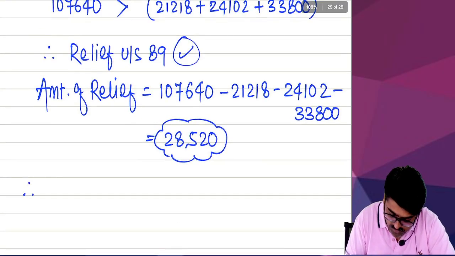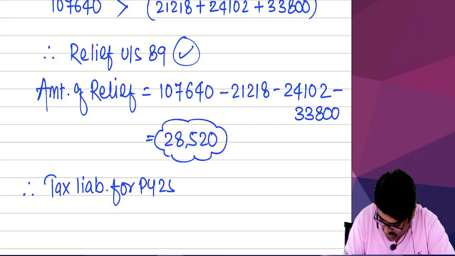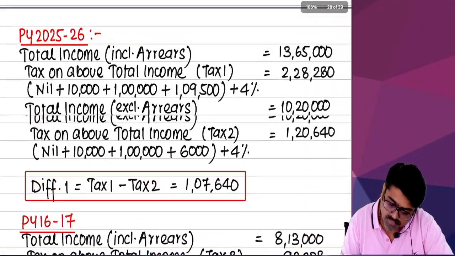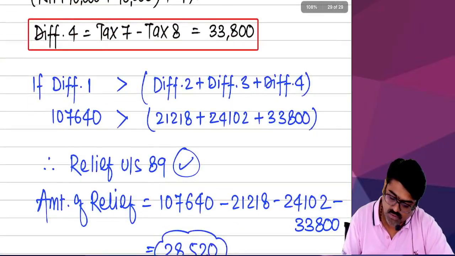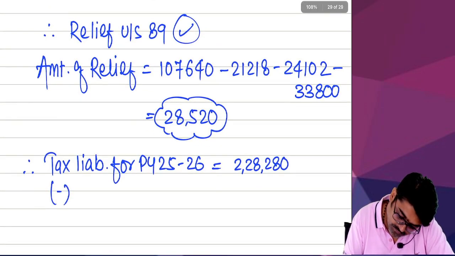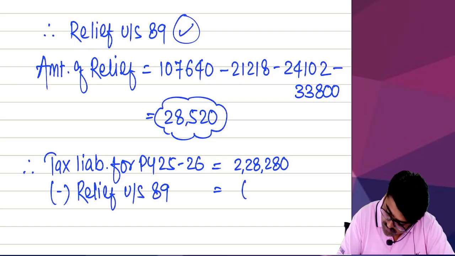So, therefore, tax liability for previous year 25-26. How much was the tax liability? It was 2,28,280, less relief under section 89, 28,520.